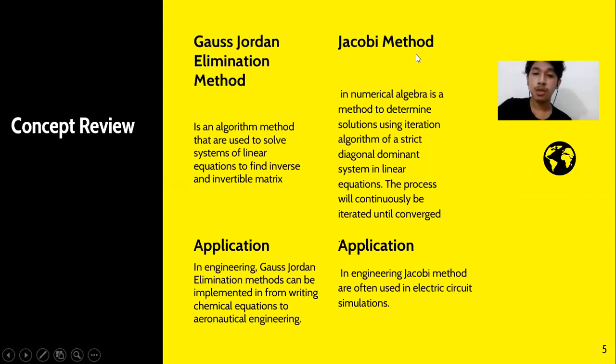And then the Jacobi method is when we continuously iterate the equation, the algorithm, until it has converged. And then the application that can be found is in electric circuit simulations.